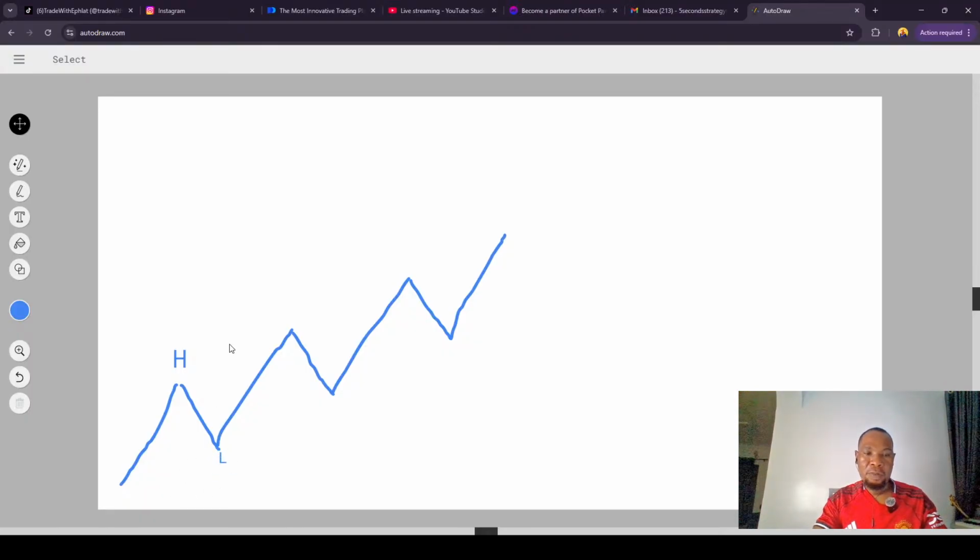Now, how do we know what the trend is? We would know what the trend is if a chart is printing higher highs and higher lows, then the trend is up. I need to reduce the font.